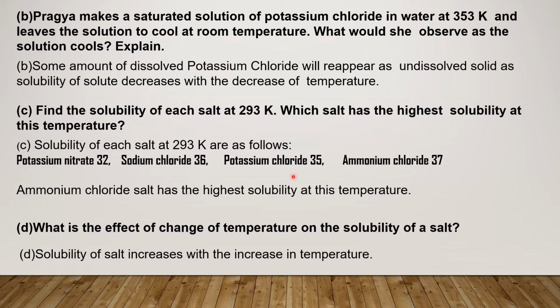So answer is what? Ammonium chloride salt has the highest solubility at this temperature. Which temperature? 393 Kelvin. Sorry, not 393. 293 Kelvin. At 293 Kelvin. Yes. Then what is the next question?